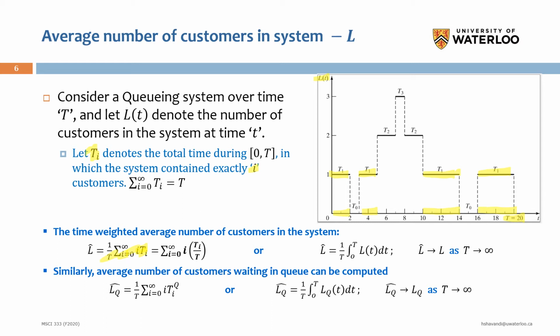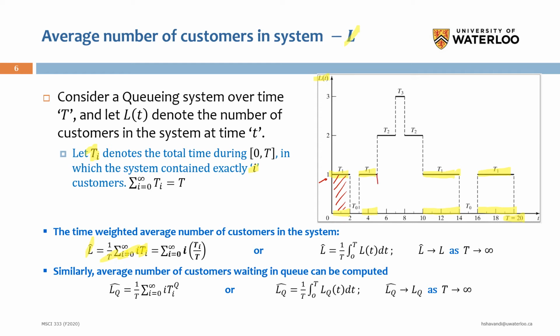That will be an estimation for L. L here is actually for the long term, but L hat can be an estimate for that long term measure. Let me show in this graph, if I multiply this one by T1, that will be a rectangle here. It will be the area under this curve.